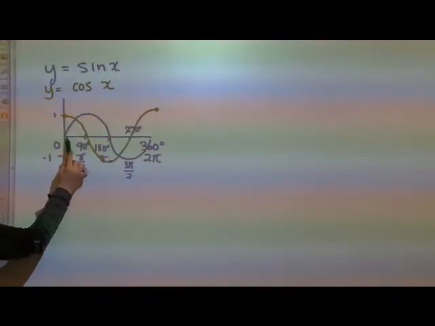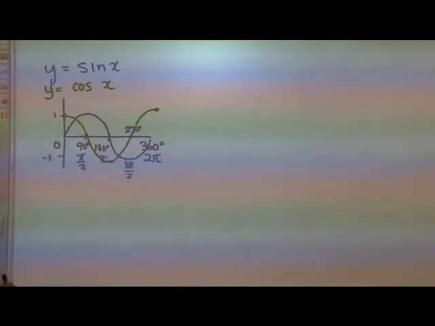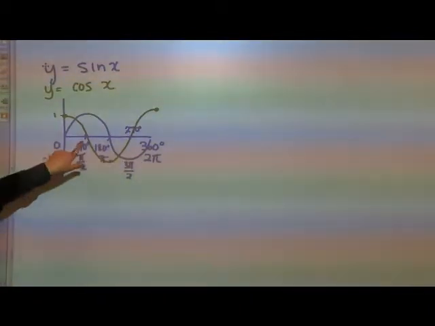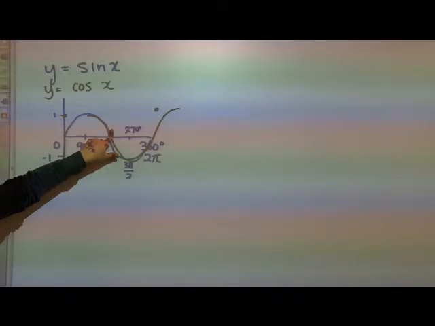So the halfway between 0 and 180 are at 90 degrees. It's going through and it's going back up. So the cos graph and the sine graph are very much the same. In fact, if I took my cos graph and slid it over, it would actually match up to the sine graph. It just starts at a different point.